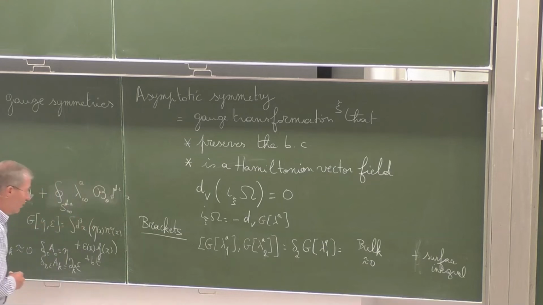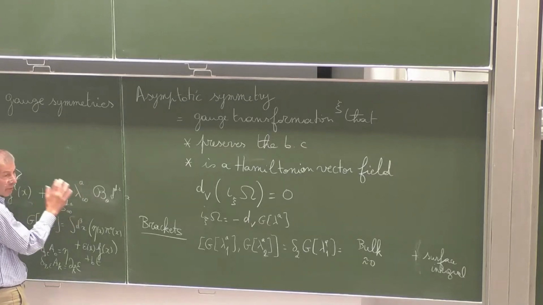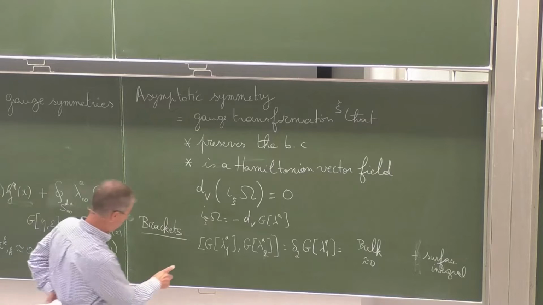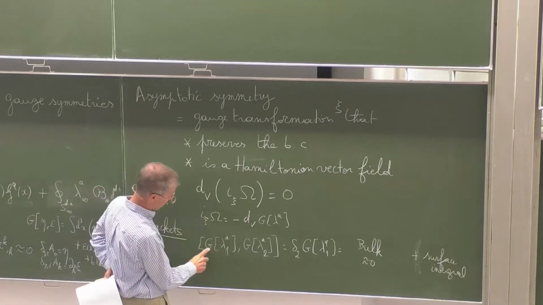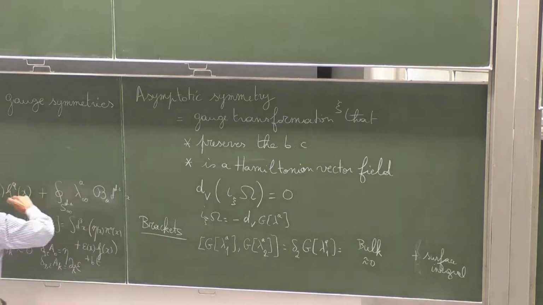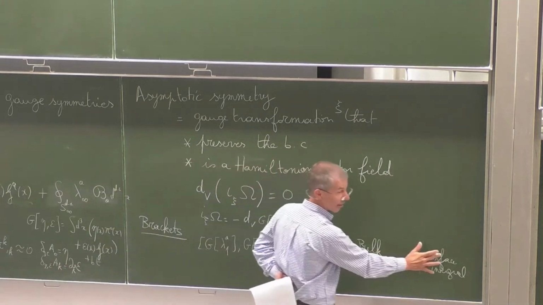Okay, then there is something more. You can see also that if you take an asymptotic symmetry for which the boundary term is equal to 0, because, for instance, the asymptotic values are 0 and the gauge parameters decrease fast enough, then you can see from the argument that I said that the resulting Poisson bracket will also have no surface integral.